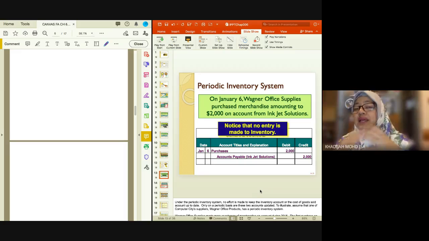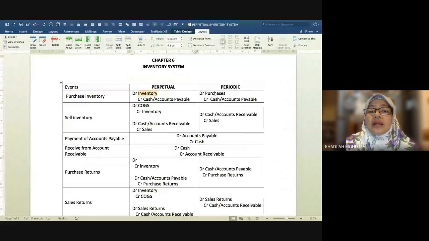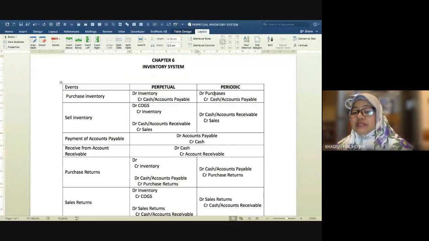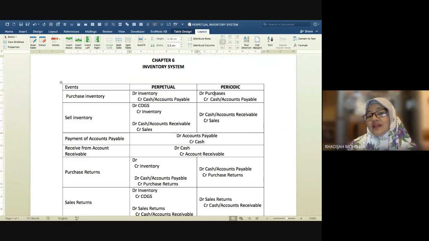Again, talking about periodic, because it's meant for small businesses, the system shouldn't be complicated. So the system is simpler. For example, when you have a periodic inventory system and you purchase inventory, the recording would be you debit your purchases. Because you purchase inventory, you debit your purchase account.